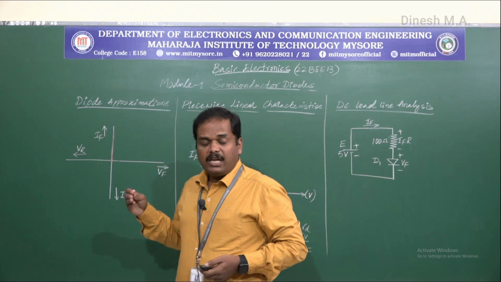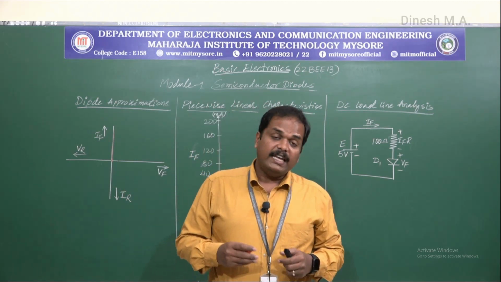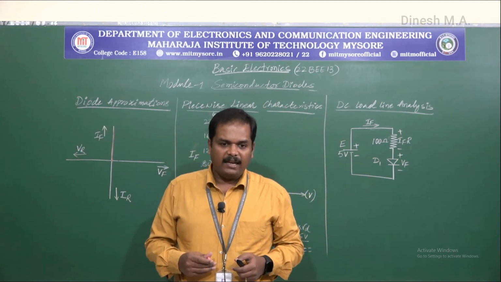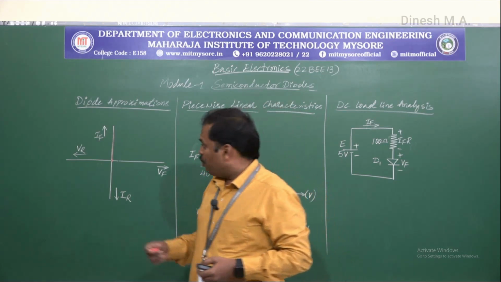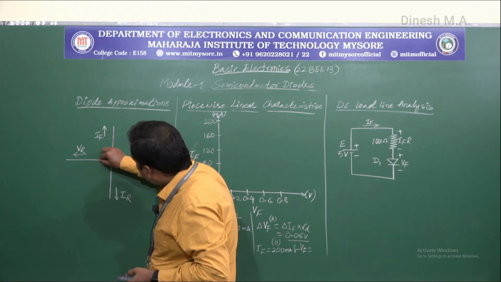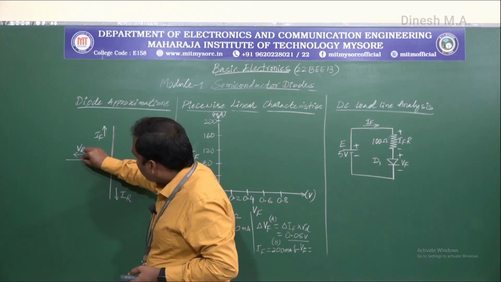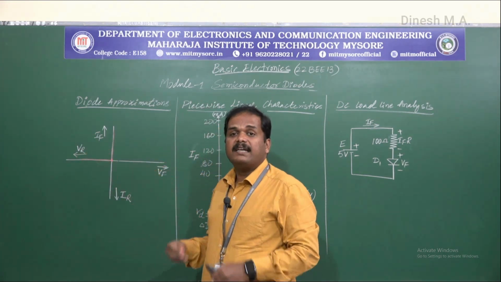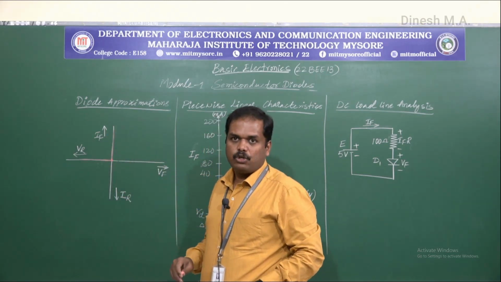And coming to the reverse characteristic, any ideal diode would offer infinitely high reverse resistance, and this would result in zero reverse current. So no matter what the reverse voltage we apply, the reverse current would be ideally zero. So any diode, if we say it's an ideal diode, would have IV characteristics which look like this.